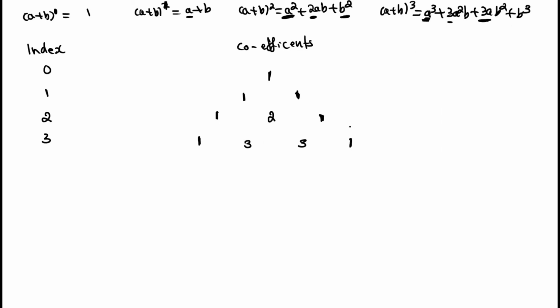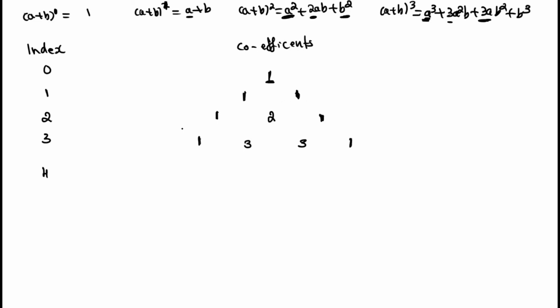Okay, now see, when index is equal to 4, by observing this you can write the coefficients, that means the constant terms with respect to a and b. See, first you need to write 1, then the same 1 here, and for a plus b you'll get 1 and 1.